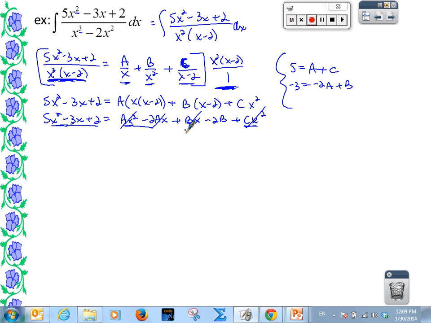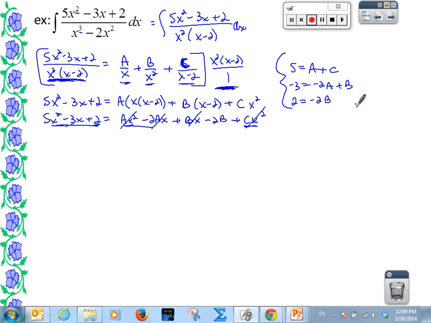The last one that I'm going to set up is the constant, and this numerator happens to have a constant. Sometimes they don't, and you would just put a 0 there. So I'm going to collect all the constants over here. That would be anything that doesn't have an x with it, which would just be our negative 2b. And that's the system that we're going to have to solve in order to be able to decompose the fractions.